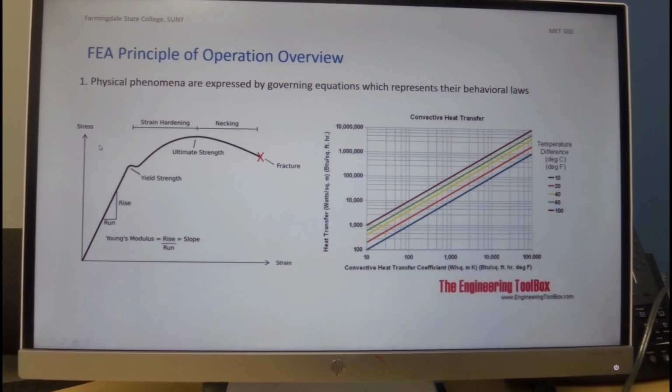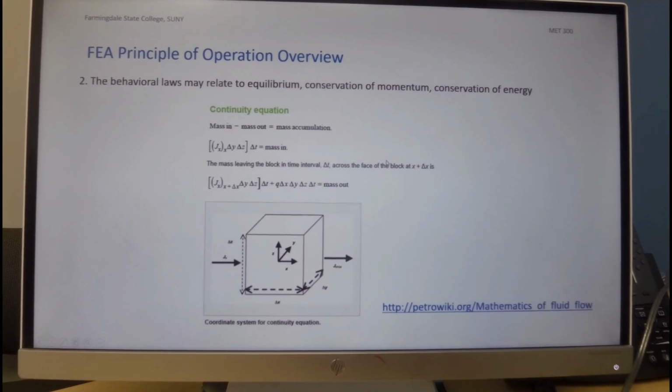We can take a look at each one of these steps in a little more pictorial way with some references. So we see that the physical phenomena, which is expressed by a governing equation, could be Hooke's law, for example, or various heat transfer relationships which relate temperature and heat flow.